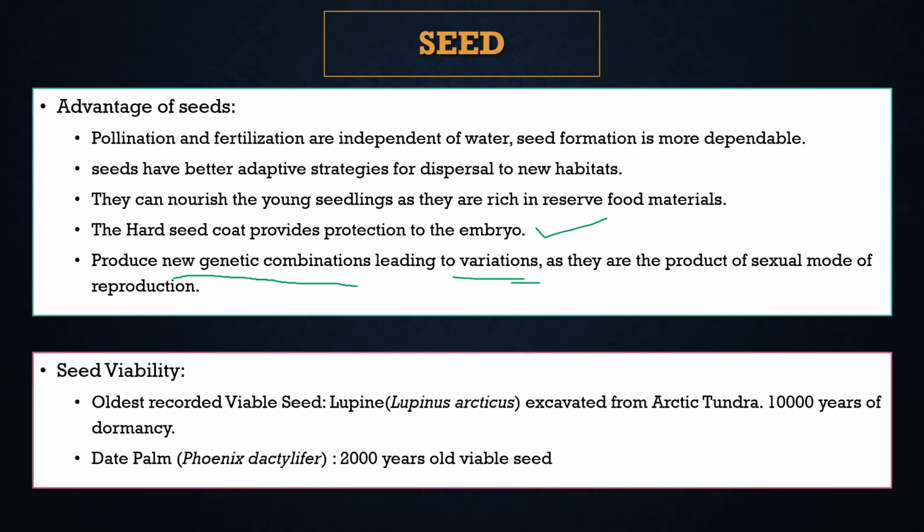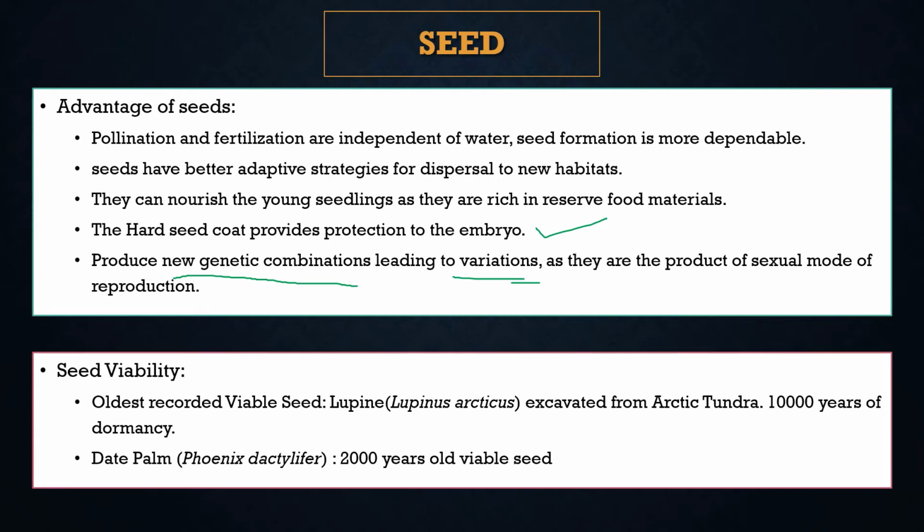One of the oldest recorded viable seeds is the lupin. It has been excavated from the Arctic tundra, and it had a dormancy. It germinated after 10,000 years, right? That means it was viable after dispersal for a long period of almost 10,000 years. One of the recent ones that we have found is a date palm.